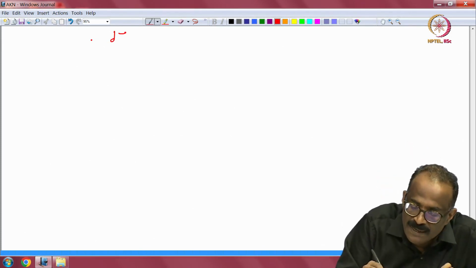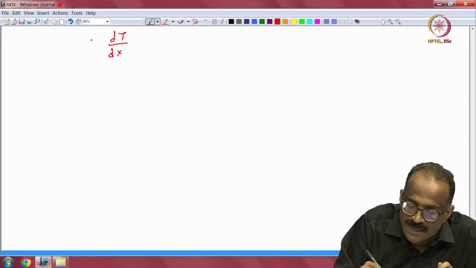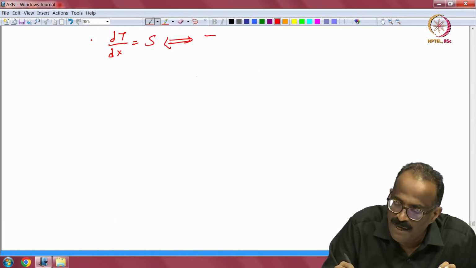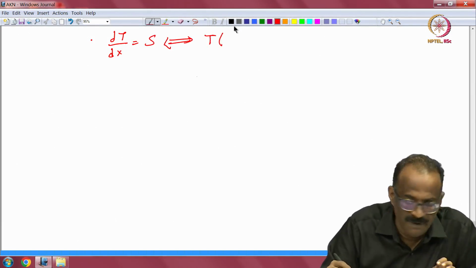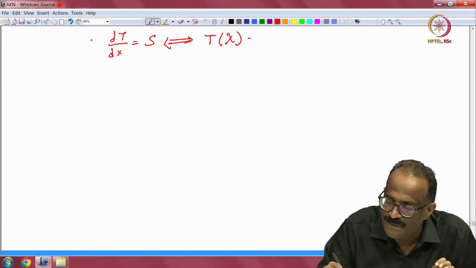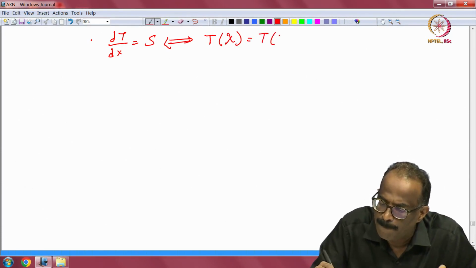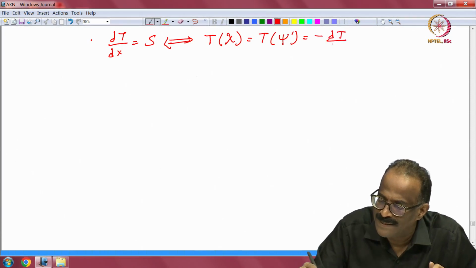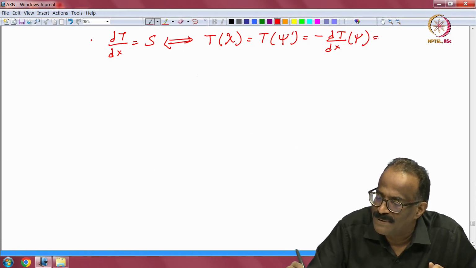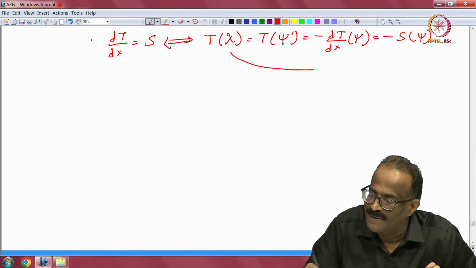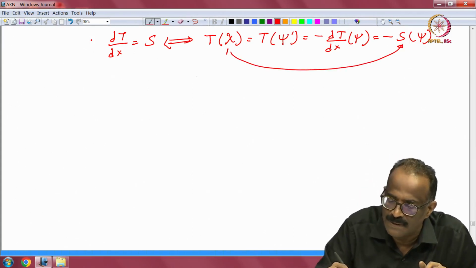With dT by dx equal to S if and only if T of chi, which is T of psi prime, is equal to minus dT by dx of psi, that is equal to minus S of psi. So if you have T of chi equal to minus S of phi, you have that relation.